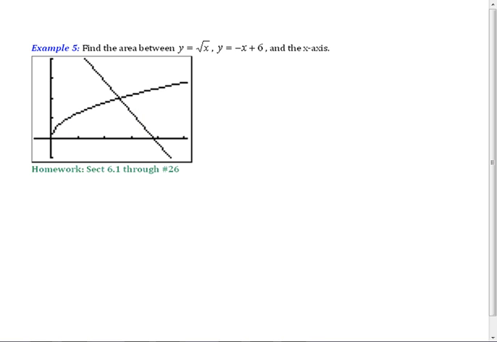Because we don't have to slice it vertically. We can slice it horizontally. Remember doing that? Because then it's only one integral. Sometimes they set it up so you have to do 2 integrals no matter what you do.